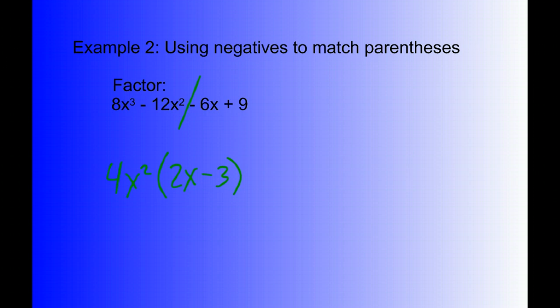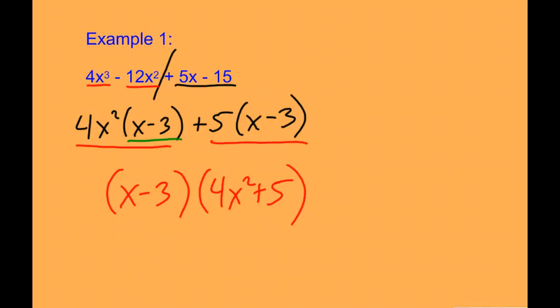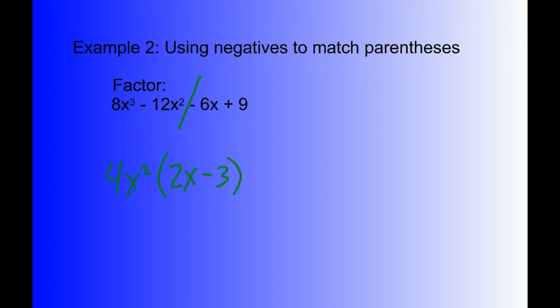And again, our goal is for these parentheses to match. We want the first parenthesis to match the second, just like it did back here, x minus 3, x minus 3. I need those parentheses to match. So from my second one, it would be natural to see 6x and 9. I can divide out a 3, which leaves negative 2x plus 3.